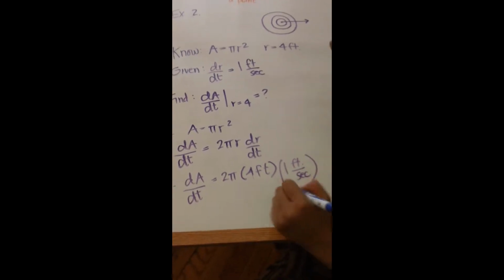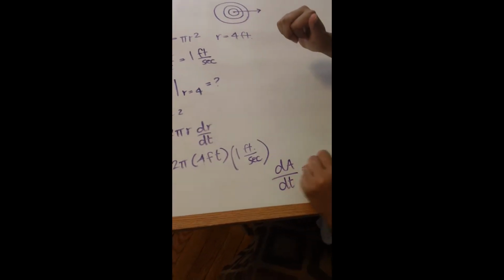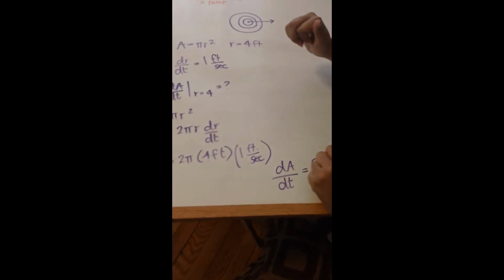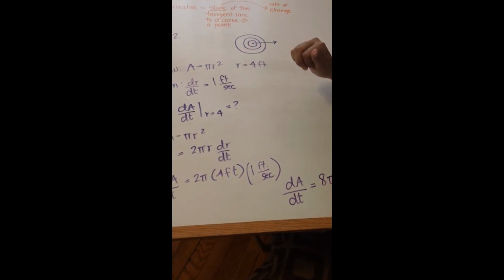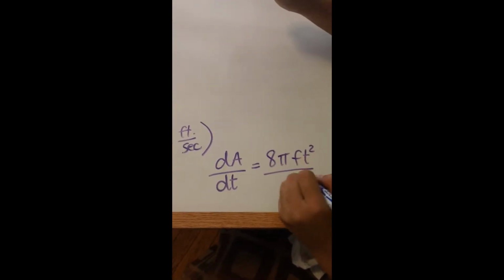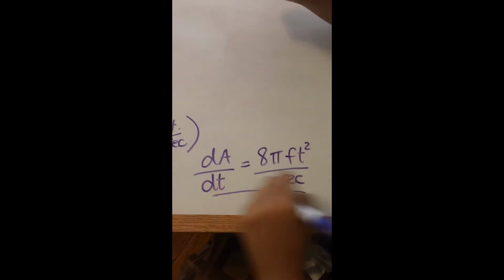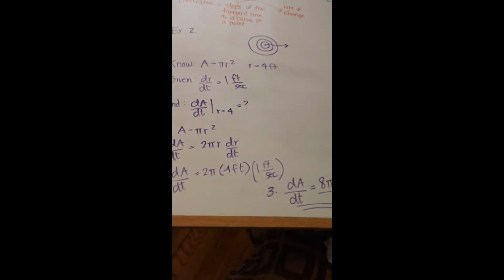All we have to do now is simplify it. So dA/dt equals 8 pi feet squared per second. And that's it. And there's our answer for example 2.